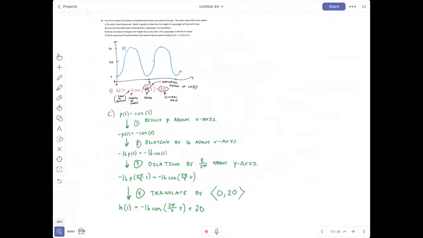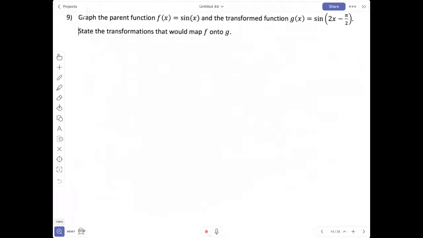About Ferris wheels. Cool. And then Katie and Elizabeth both want number 18, which have messed up the numbers here, but yeah, that one.